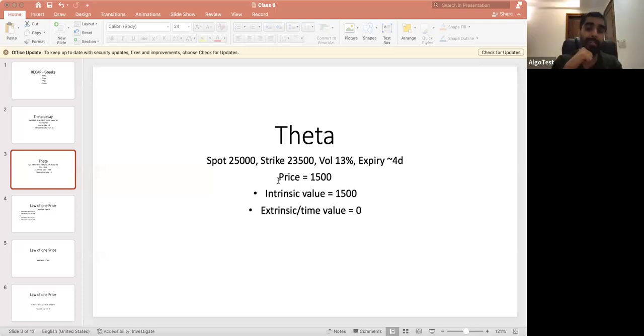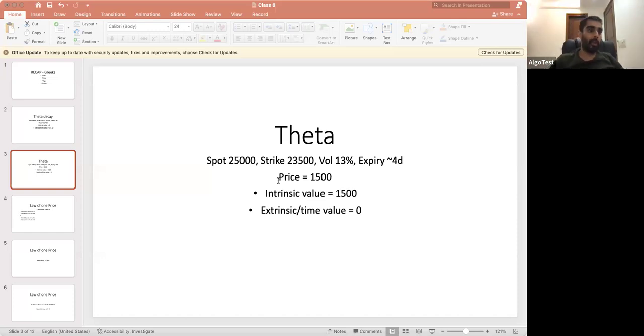But to offset that theta is the gamma, which comes from the move in the underlying. If the underlying moves aggressively, whatever I've collected in theta, I'm going to have to give away to gamma. I'm just trying to build intuition here. There are actually a lot of components of your P&L.